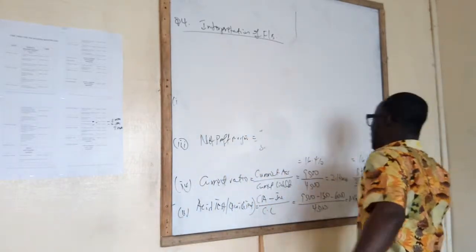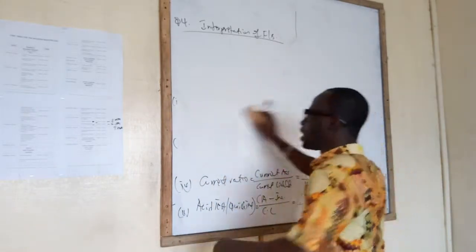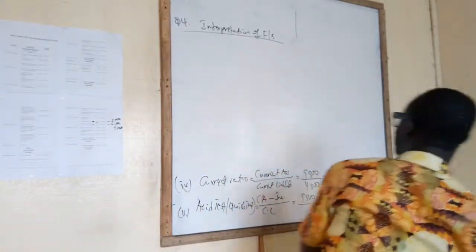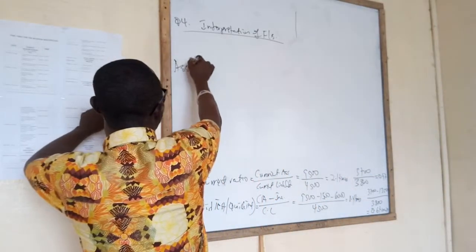So let's go for asset turnover. Why am I talking about asset turnover like that? Asset turnover. What's the formula?